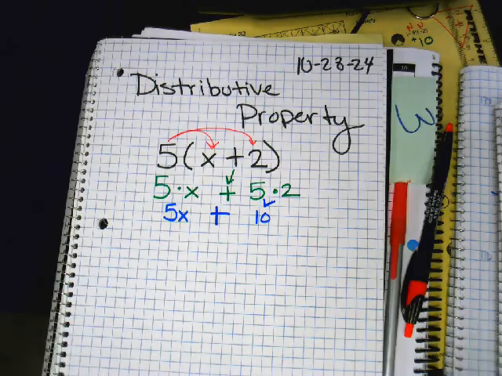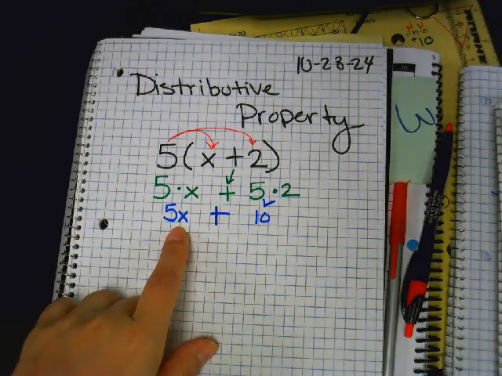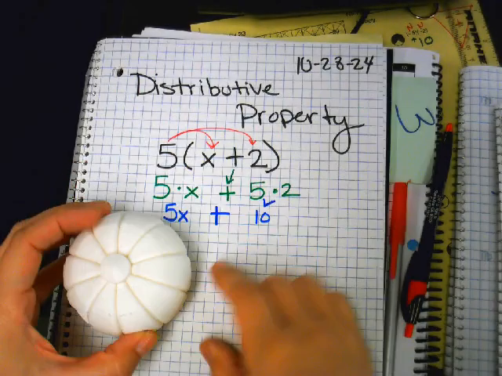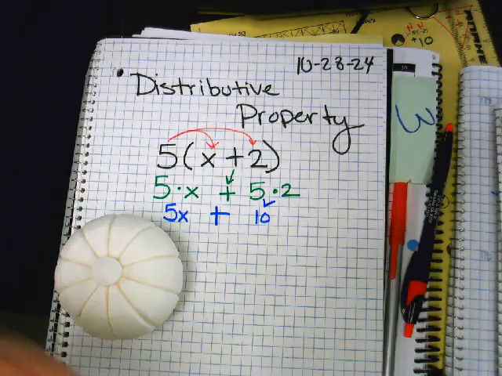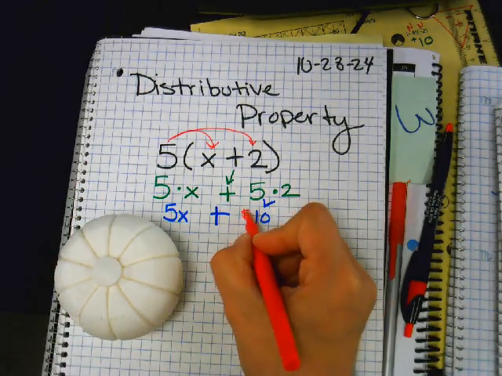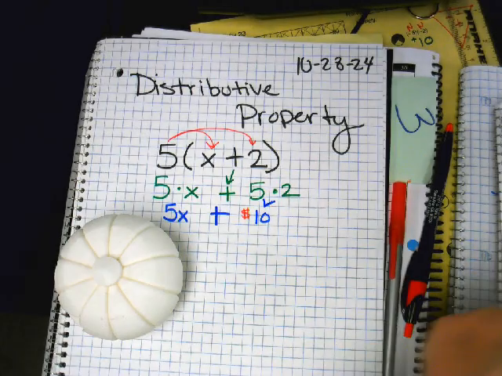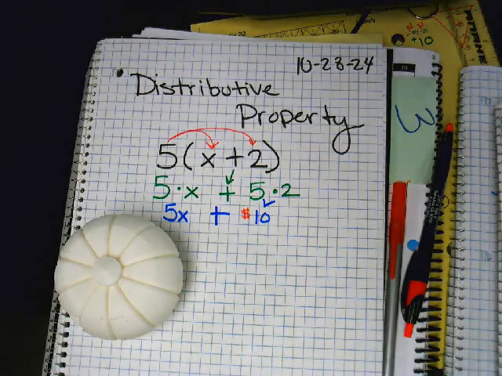Okay. Can we put these two things together? No. 5x is like saying I have 5 pumpkins, and the 10 is like saying I have $10. I have 5 pumpkins and $10. Can I say that I have 15 pumpkins? No. Can I say that I have $15?